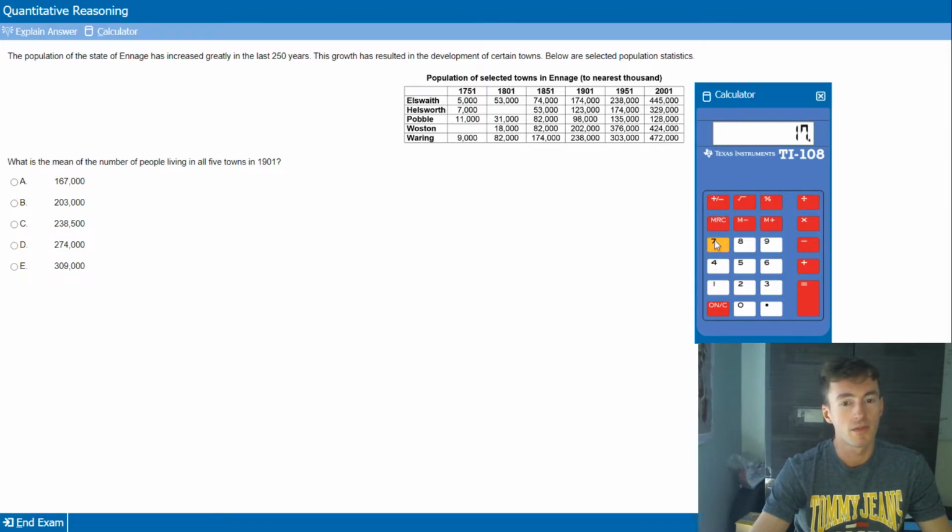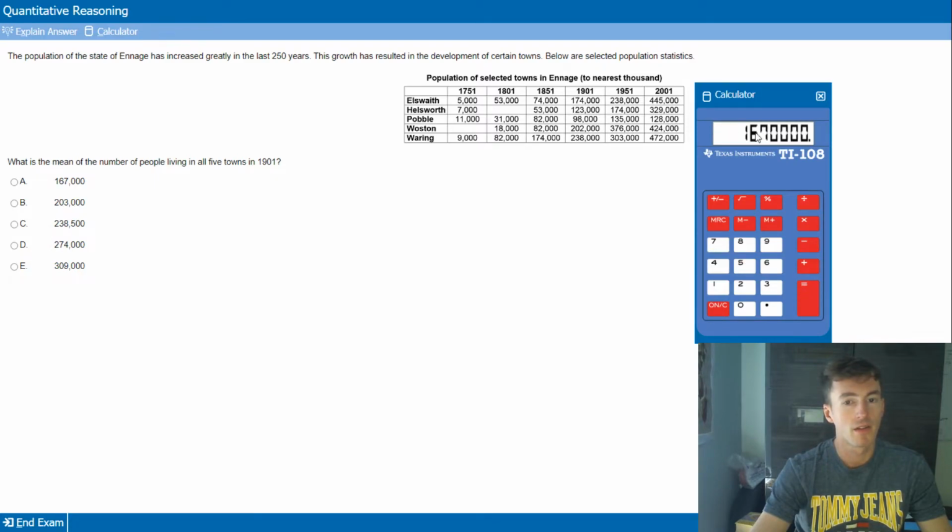You can just do 174 plus 123 plus 98 plus 202 plus 238, and then you add them all at the end. So 835,000. And then we're going to divide by 5 because there's 5 towns.